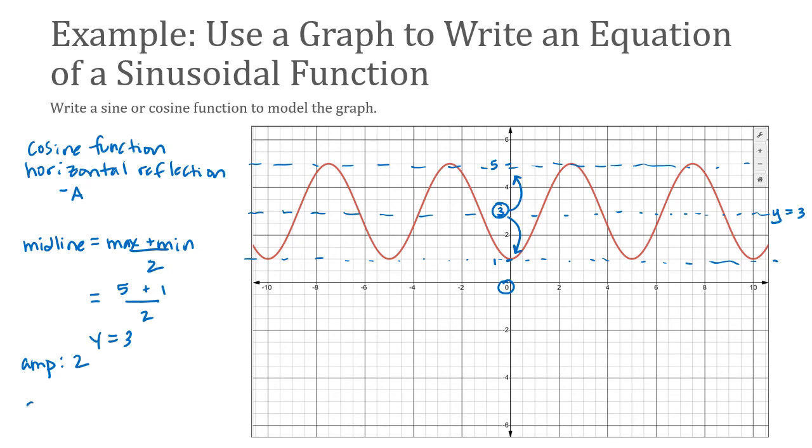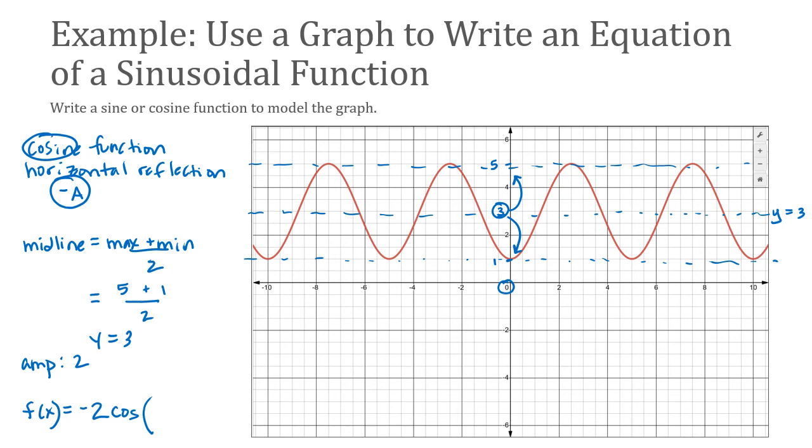So what is this function? Let's call it f of x. And the first thing we write in f of x is that A value, which I said was an amplitude of 2, but we also identified that there was going to be a horizontal reflection. So I'm going to say negative 2, and we said it was a cosine function. And let's see, I guess we didn't say what the b value is, and the b value, remember, comes from the period.